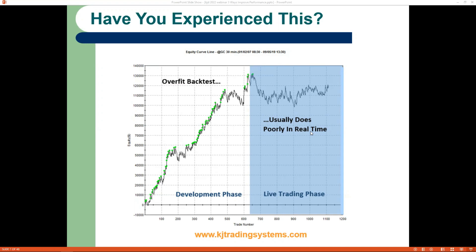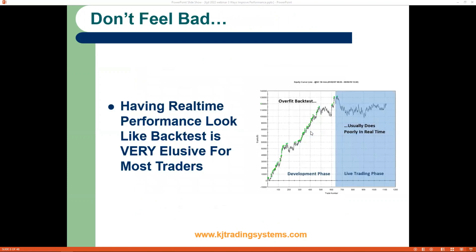That's probably the biggest problem I see with algo traders and people doing it. What they get in real time just doesn't look like the back test. So we're going to hit a bunch of things today that are going to address that and hopefully turn that around for you. Because for most traders, this is elusive.